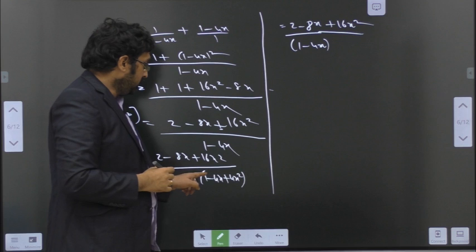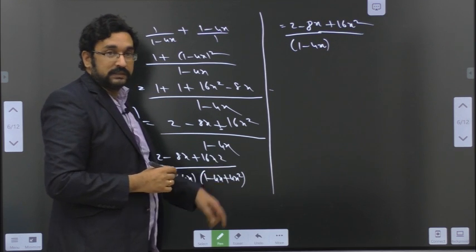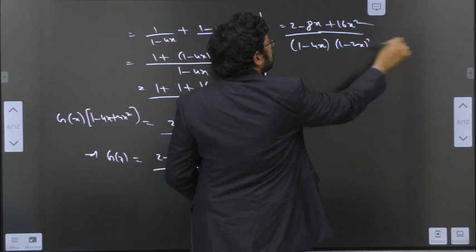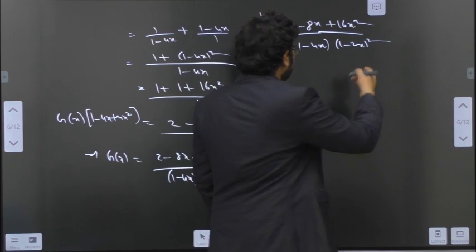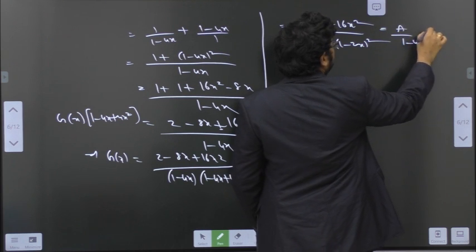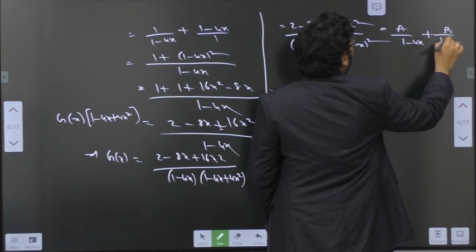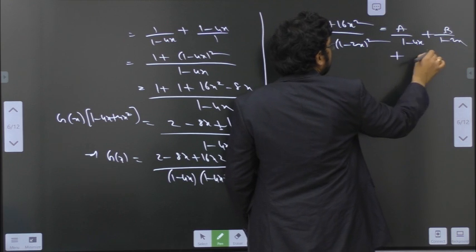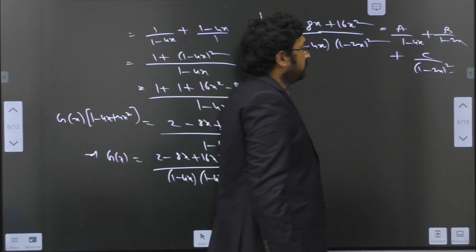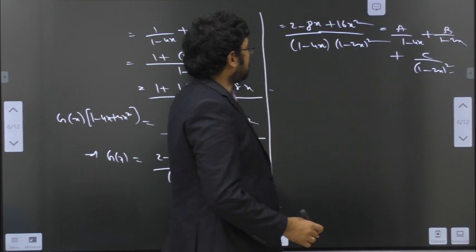It is in the form a minus b whole square, so it is nothing but 1 minus 2x whole square. So we can write it as a by 1 minus 4x plus b by 1 minus 2x plus c by 1 minus 2x whole square. In that way we can find partial fractions.